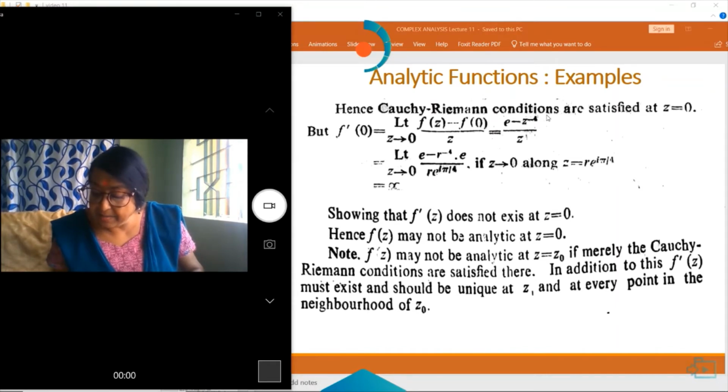This shows that f'(z) does not exist at z equal to 0. Hence, f(z) is not analytic at z equal to 0.